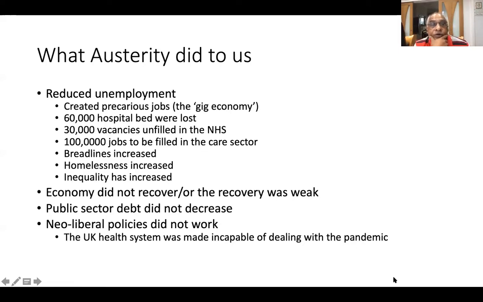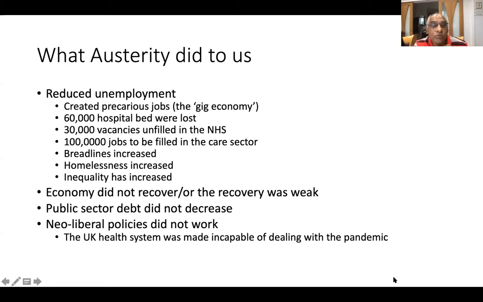And what did this austerity do to us? It reduced unemployment. But the employment created was of a precarious type of job, which is now referred to as the gig economy. 60,000 hospital beds were lost. 30,000 vacancies are unfilled in the NHS. Something like 100,000 jobs are to be filled in the care sector.